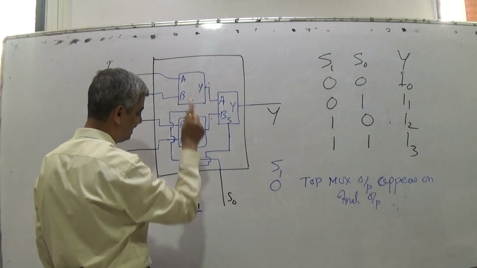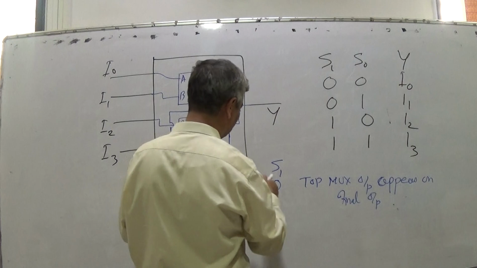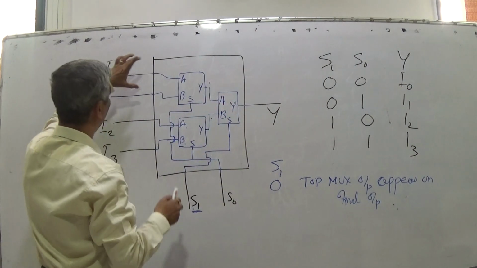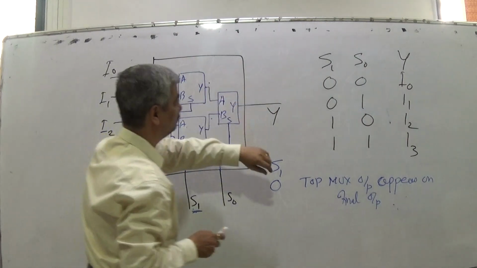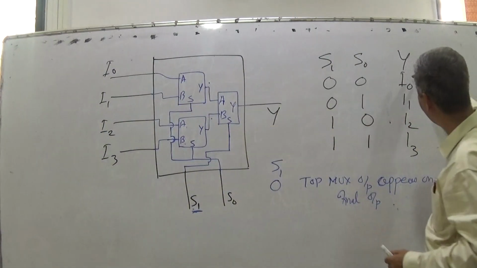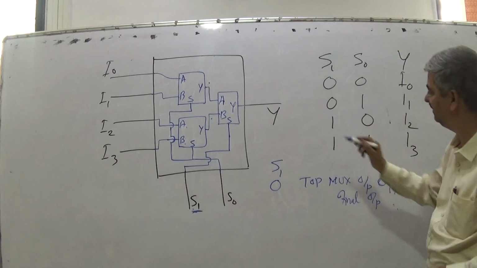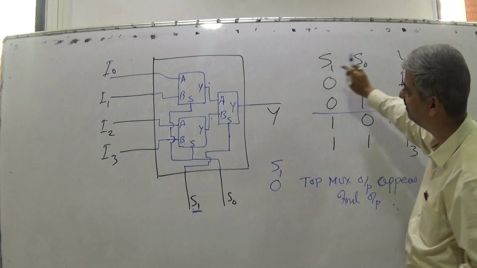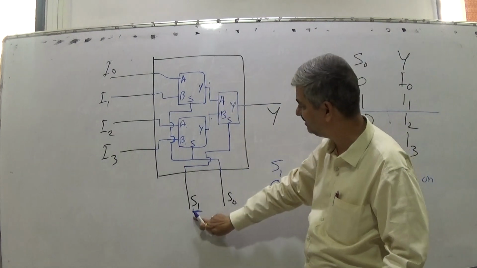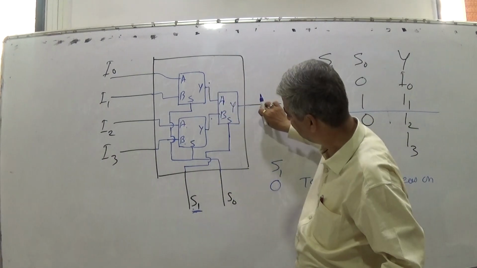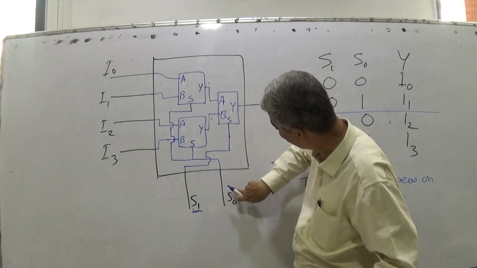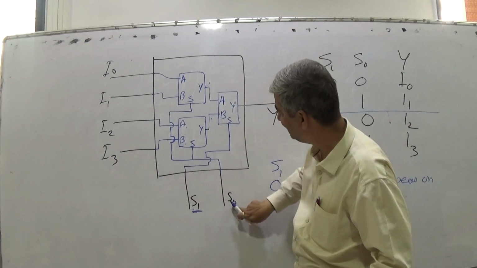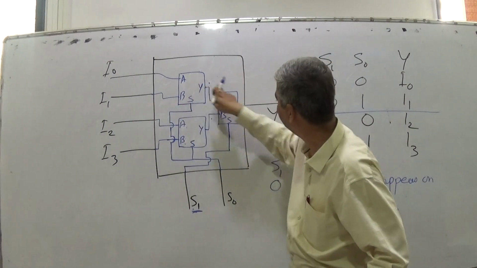The top multiplexer output is decided by S0. So when S1 is 0, S0 decides what should be here. If S0 is 0, I0 appears here. When S0 is 1, I1 appears here.